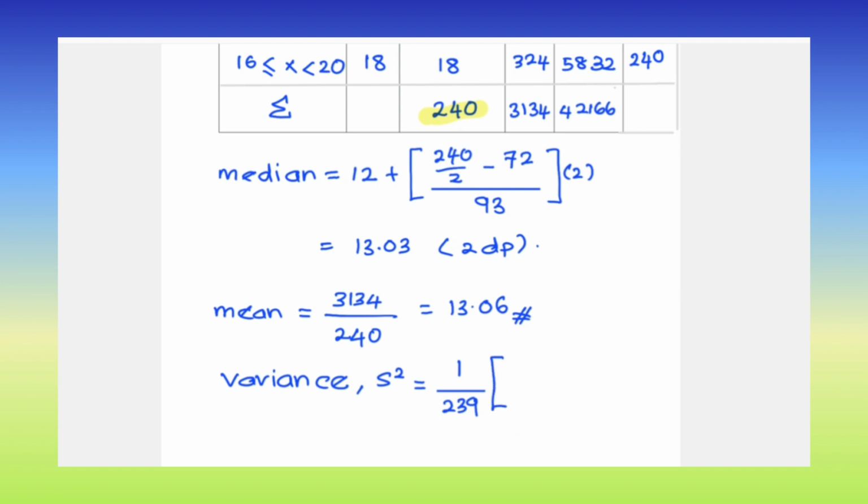Multiply with 42166, using the formula, right? 42166 minus 3134 squared over 240. So, kita akan dapat answer dekat sini adalah 5.1932.